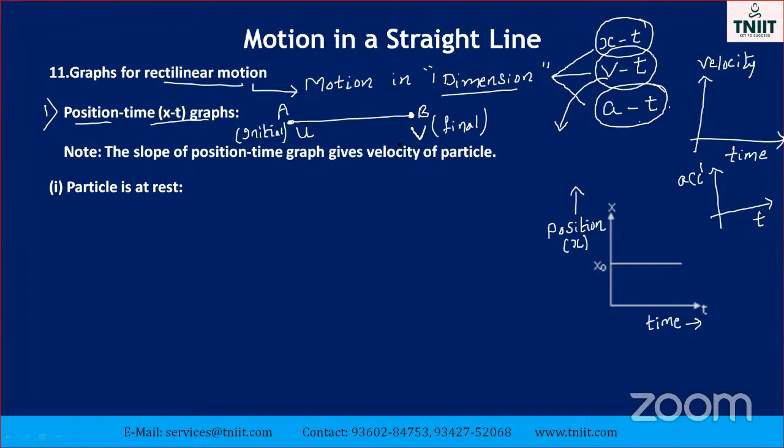So what does v represent, students? v represents the final velocity. What about u? u represents the initial velocity.